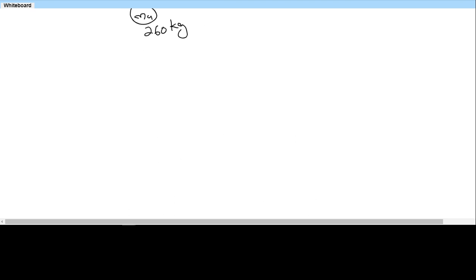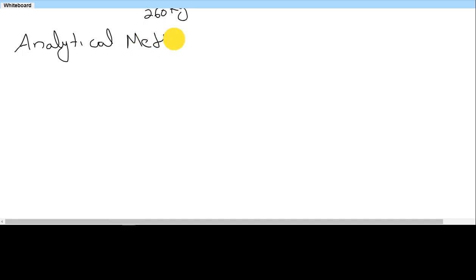Now we can solve it by two methods. One is the analytical method. We will prefer graphical, but for the sake of learning, you should know how to solve it analytically. For that, it is simple.